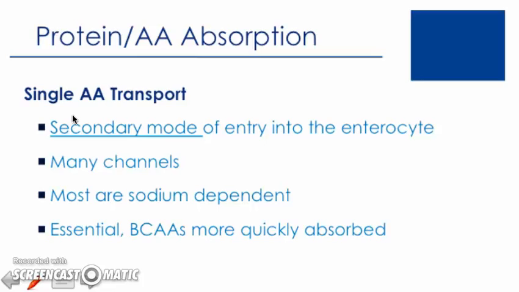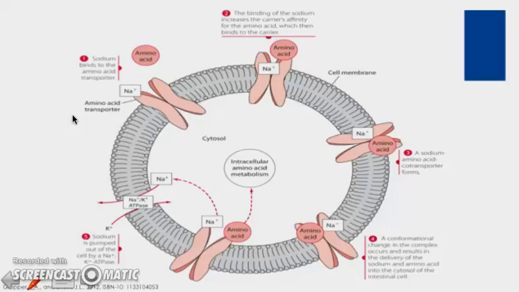While this process is slower than the absorption of peptides, the essential amino acids, and particularly the branched chain amino acids, including leucine, isoleucine, and valine, are prioritized and are absorbed through this mechanism the most quickly. You can see in this diagram the process of single amino acid absorption.